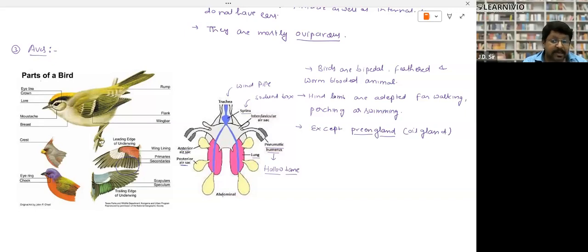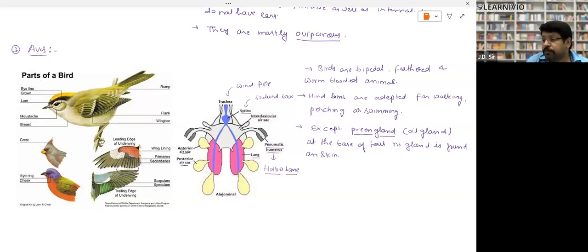At the base of the tail, no gland is found on the skin. What does it mean? Basically, birds do not have any gland on their skin. There is only a single gland, called the oil gland or preen gland, which is found at the tail of the birds, right? And there is no other gland.